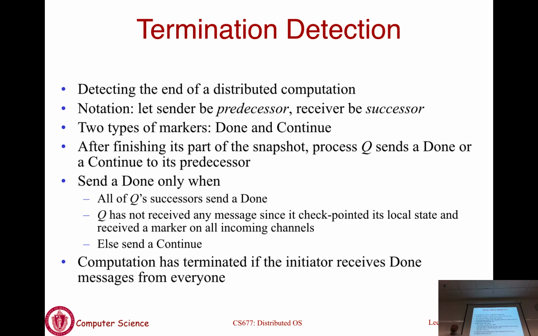The response you send to your predecessor is going to be done if all of your outgoing neighbors tell you that they are done as well. But if any one of your neighbors tells you they are not done, you send a continue message. Continue says let us not end, done says we are done. So you send this query and wait for all of the responses. If all of the successors send a done, and you have not received any messages, you will send a done, otherwise you send a continue.